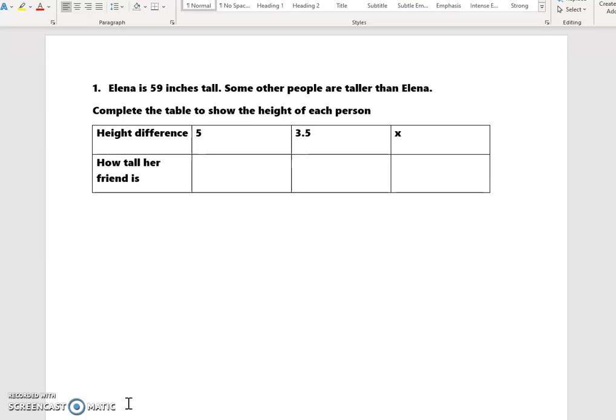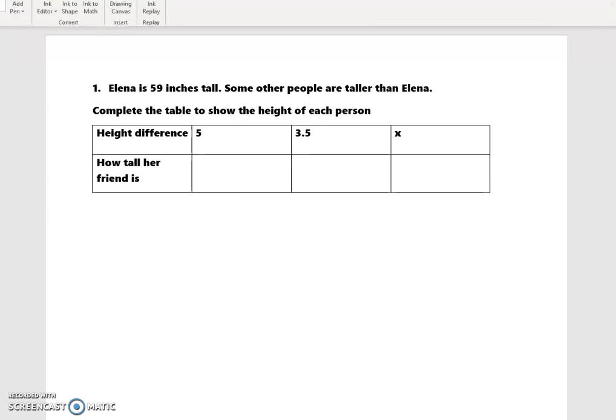So this first friend is 5 inches taller, so I would take the value that Elena is, 59, and add the 5 to it. Okay, so 59 plus 5 to start. So this friend is 64 inches tall.